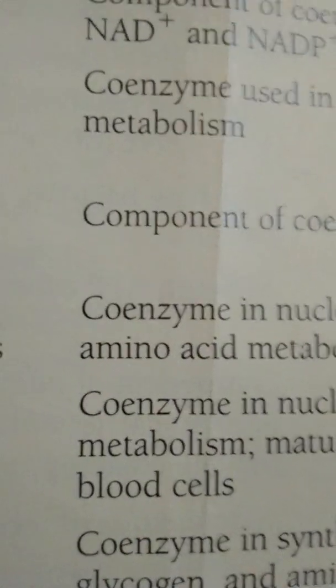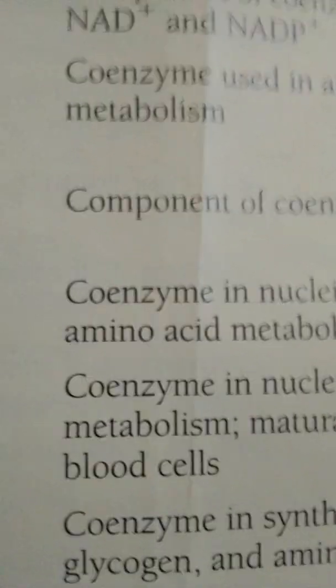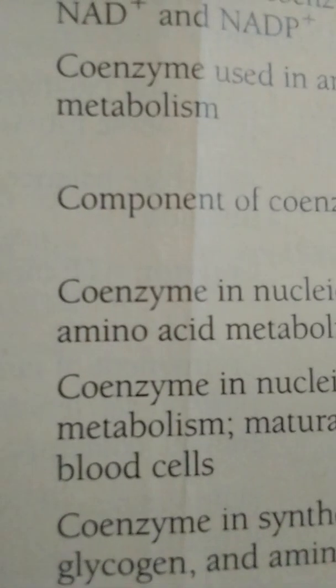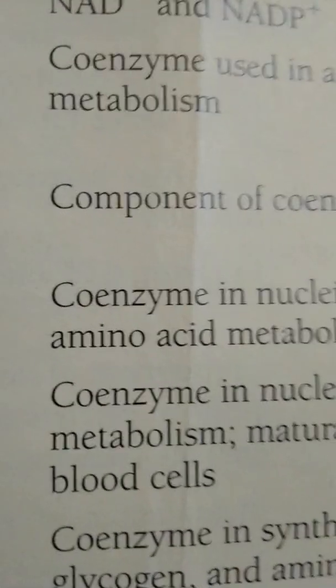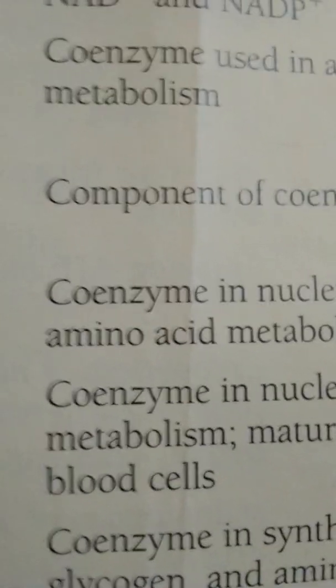Calcium is also necessary for the normal functioning of nerves and muscles, and phosphorus is also an ingredient of ATP and nucleic acids. Iron is a component of some cytochromes that function in cellular respiration, and of hemoglobin, the oxygen-binding protein of red blood cells.